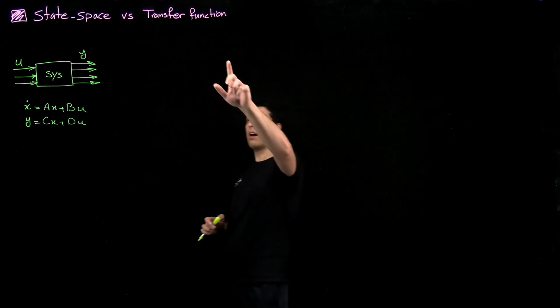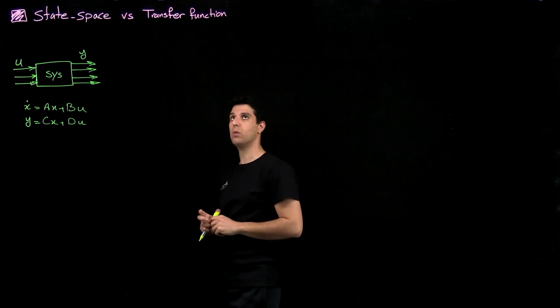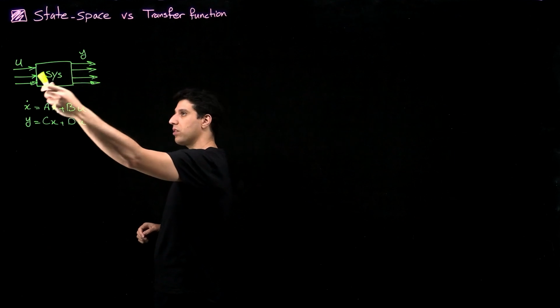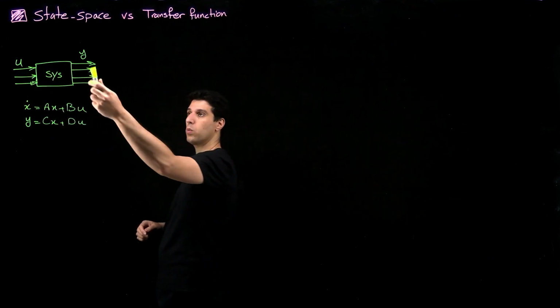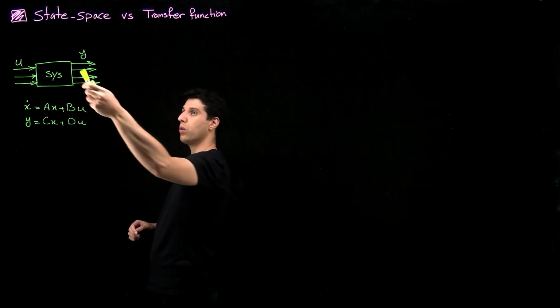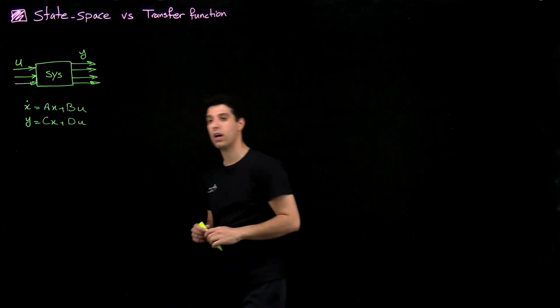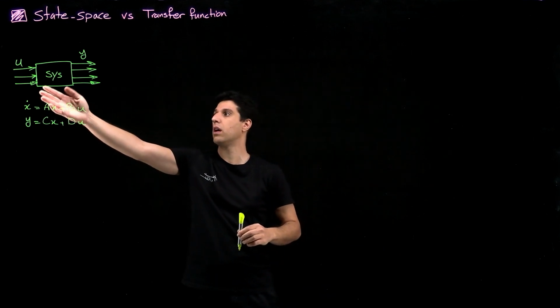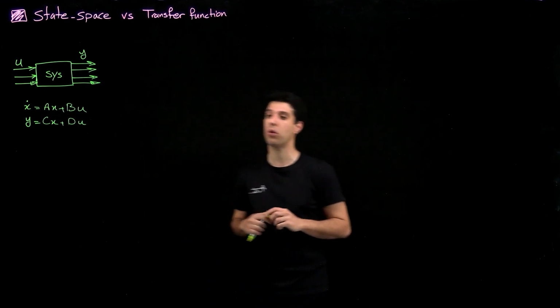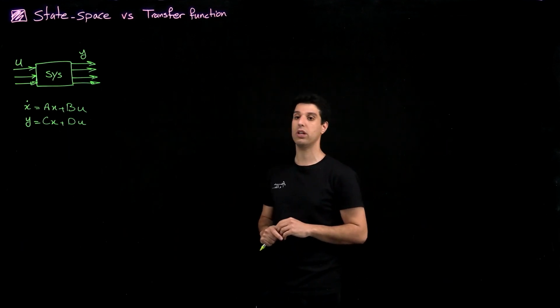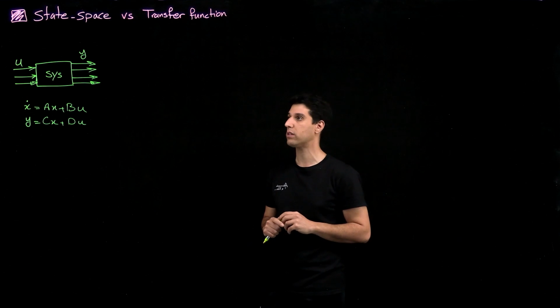But if we want to describe the same system with transfer functions, we need individual transfer functions, for instance from u1 to y1, from u1 to y2, and all their combinations. In this cartoon example I have 3 inputs and 4 outputs. So to fully describe all the input-output relationships, I need to define 12 separate transfer functions.